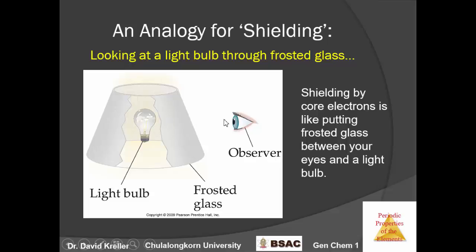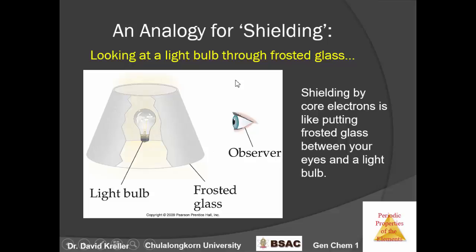But the total amount of radiation that makes it all the way to the observer is also controlled by how dark or thick is the glass that lies in between the observer and the light bulb. The more frosted glass there is between the light bulb and the observer, the less will be the radiation that makes it to the observer.